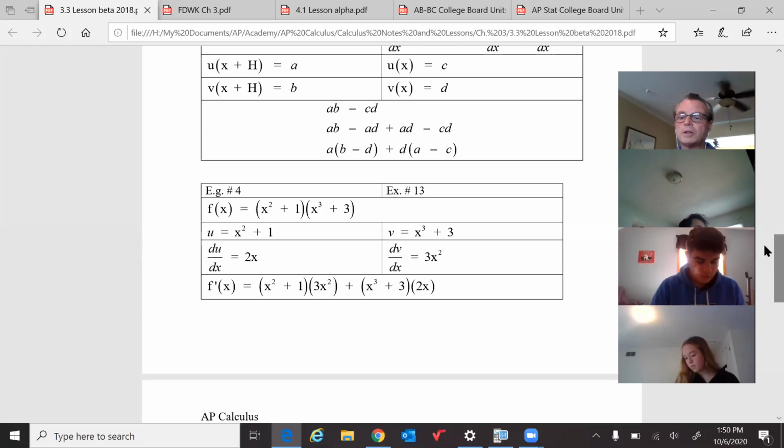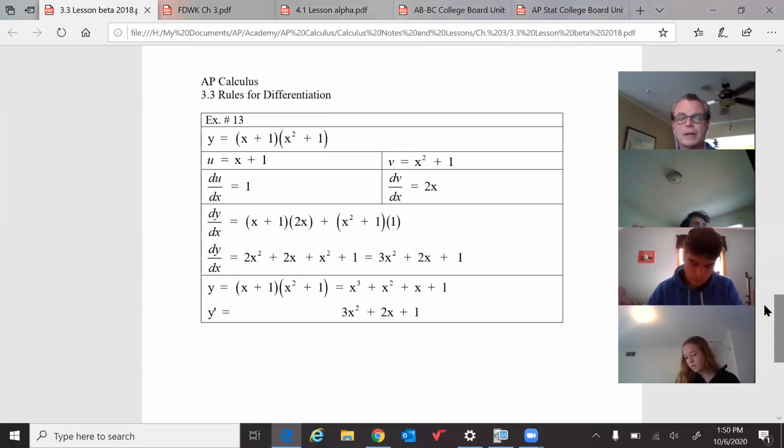All right, so we're going to go over this. Ready? What happened? And again, this problem was built to work out. So this is the first factor, this is the second factor. So I call x plus 1 u. The derivative of that would be 1. I call x squared plus 1 v. The derivative of that would be 2x.